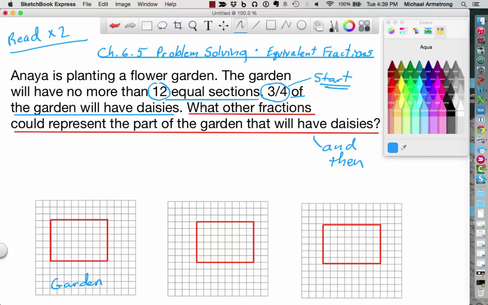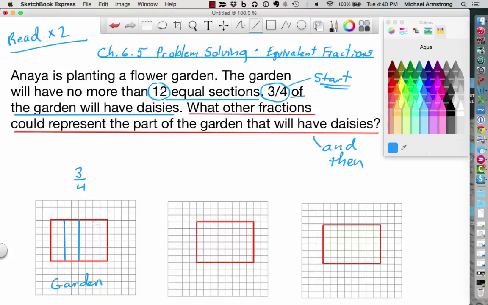So we're going to look for what other fractions are the same as 3/4. This one is going to be a picture of 3/4, and we're going to cut this into 4 pieces. The best way to cut it into fourths is to cut it in half, and then cut it in half again. We could cut it in half this way, or we could do it like the book does it, and cut it in half this way.